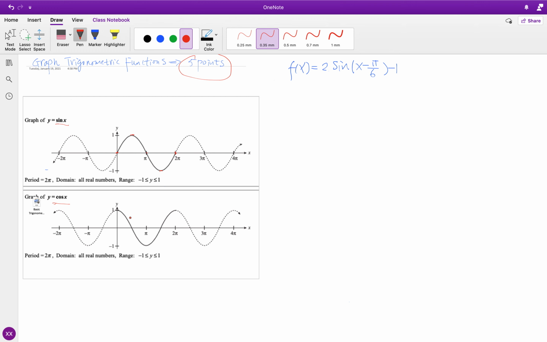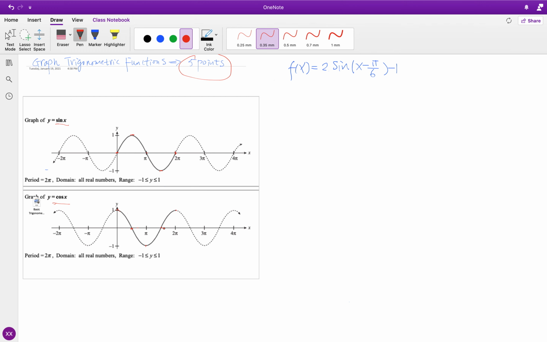But for the cosine graph, it is different. The cosine graph, so here is the max. Now here is a max, and here is a min. And we only have 2 points. These 2 points are at 1/4, which is pi over 2, 1/4 of the whole period, and then also 3 quarters of the period.